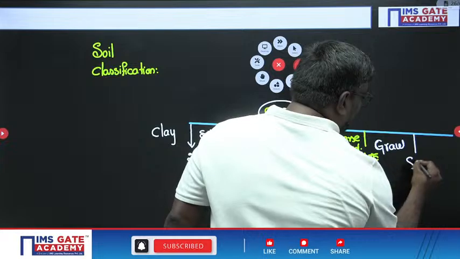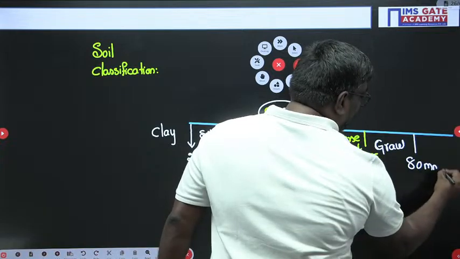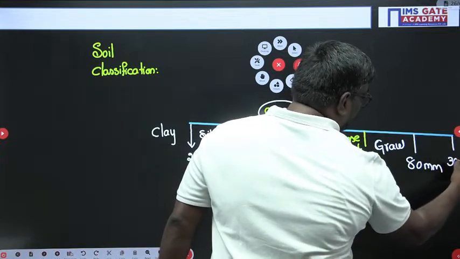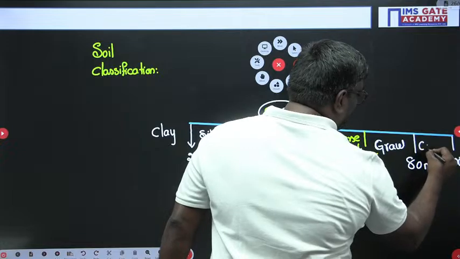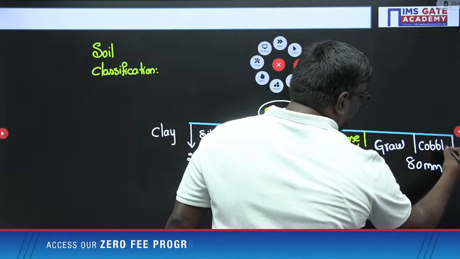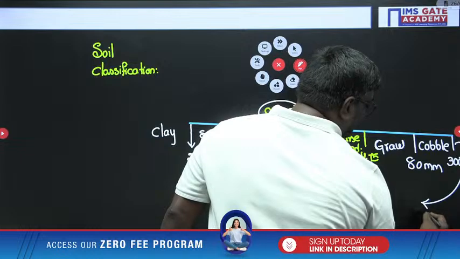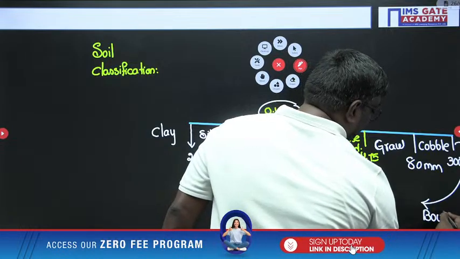Up to 80 mm. From 80 mm to 300 mm, we call it cobble. And more than 300 mm, we call it boulder. Okay.